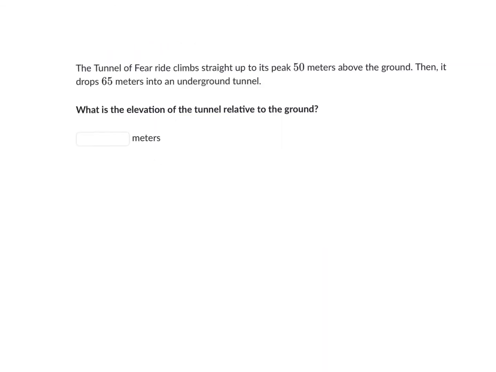Now let's take a look at a word problem. The tunnel of fear climbs straight up to its peak 50 meters above the ground. Then it drops 65 meters to an underground tunnel. What is the elevation of the tunnel relative to the ground? So here I'm going to draw myself, my little ground is at 0. And my tunnel of fear ride is 50 meters above ground.